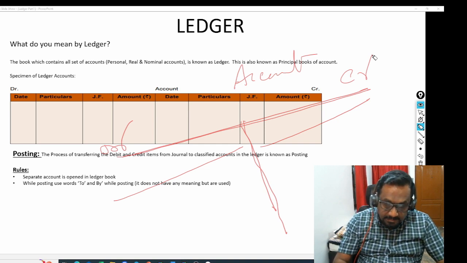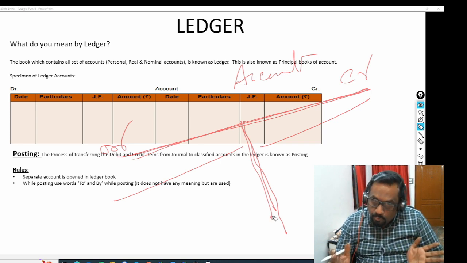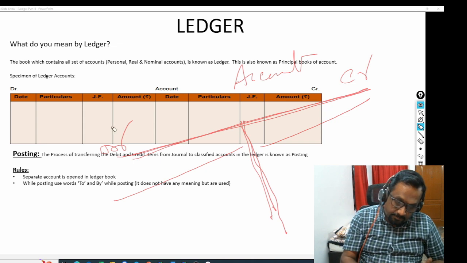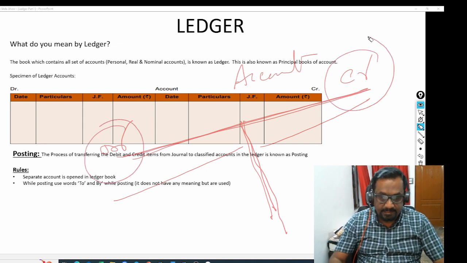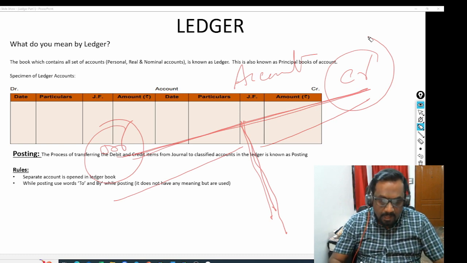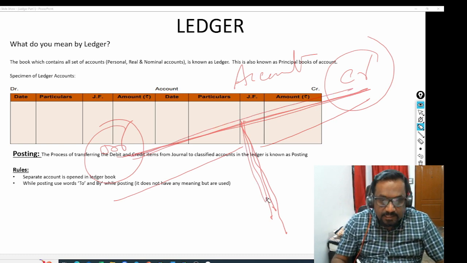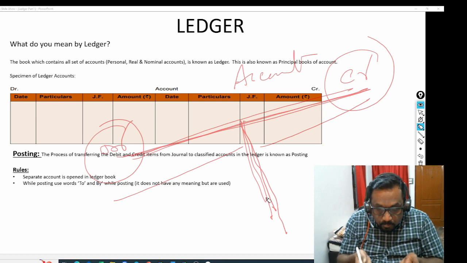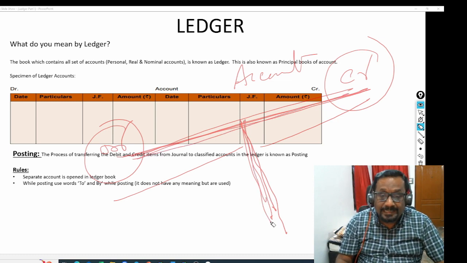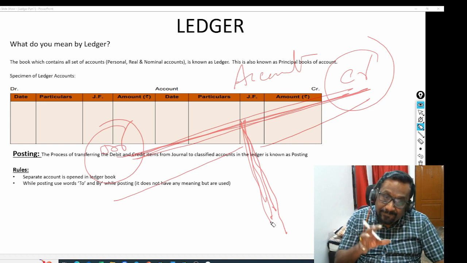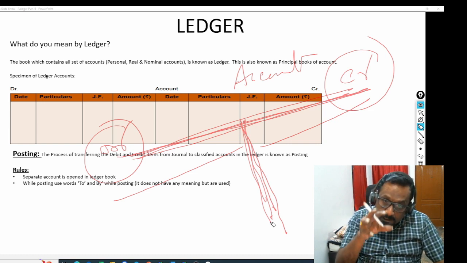Right? This is a classified statement which is in the form of English letter T and divided into two parts. Left hand side is called debit side, right hand side is called credit side. Clear so far? Now, after preparing this classified statement, what are we going to get out of this? We are going to get the final balance of that particular account.